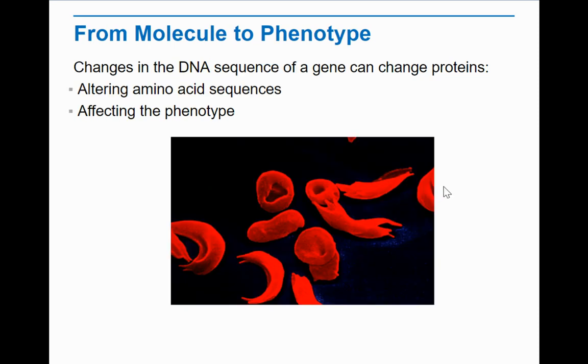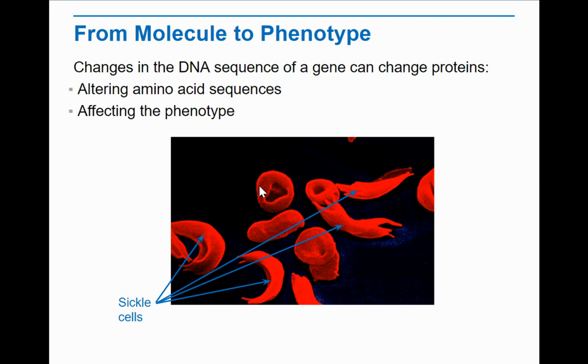All right, from molecule to phenotype, as we look at the different types of amino acid strands, when we get changes in the DNA, that's where we're going to have changes in that amino acid sequence. The example shown here is sickle cell disease, or sickle cell anemia. Sickle cells are not shaped like standard red blood cells.